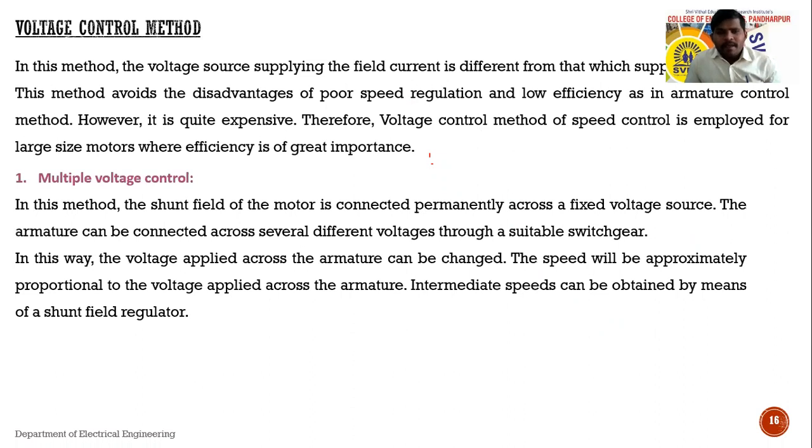Now see, the voltage control method can be divided into two types of speed control.